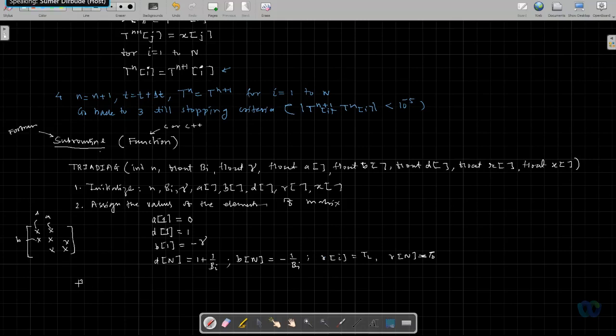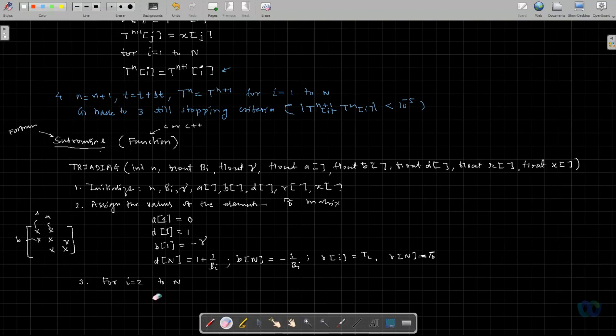Then once you assign these values, the next step is to start from, for i equals 2 to n, assign again the values. Not the initial first values and last values, but the interior points.